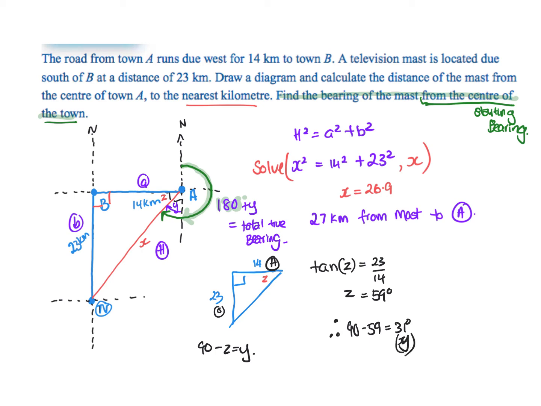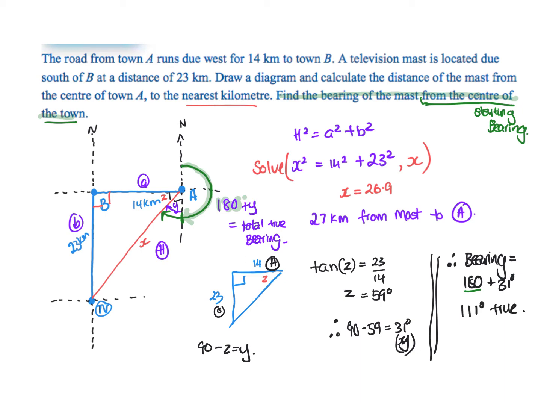So therefore, we know the bearing is equal to the 180, so that was the first part of the straight line up to here, plus the 31. So we get 111 degrees true.